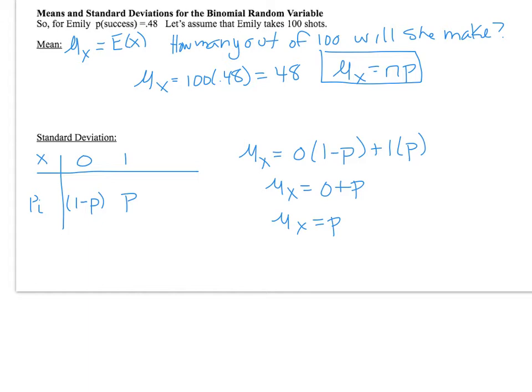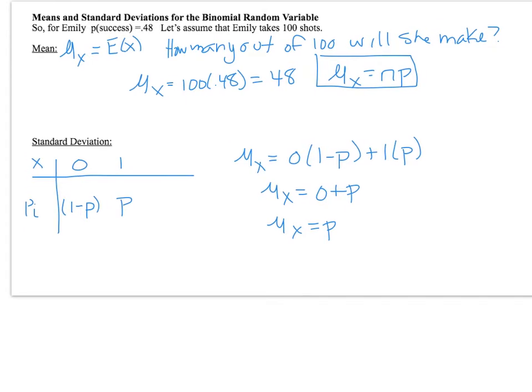Let's go ahead and consider generating the variance for this one observation. I need the variance of the random variable x. And the variance we know is, for each of the individual outcomes, we subtract off the expected value, square it, and then multiply it by its probability.